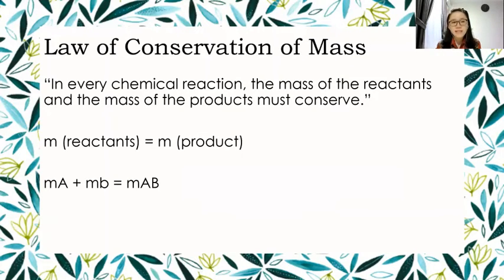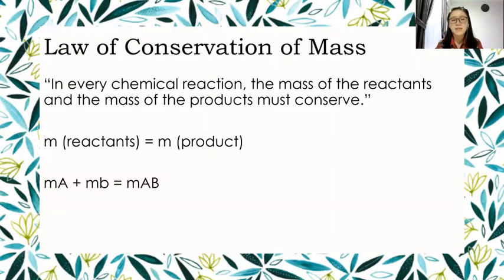And now I'm going to discuss the law of conservation of mass. The law of conservation of mass states that in every chemical reaction, the mass of the reactants and the mass of the products must be conserved. So if the mass of your reactants and the mass of your products is not the same, it means there's some mistake in the chemical reaction, and you must balance it.